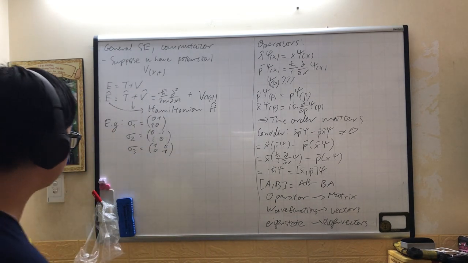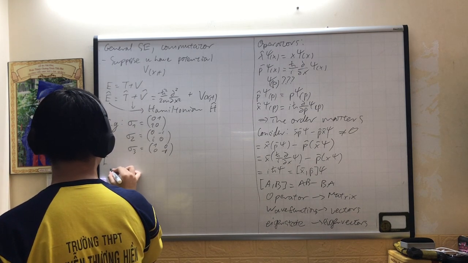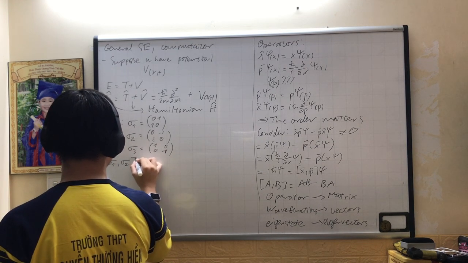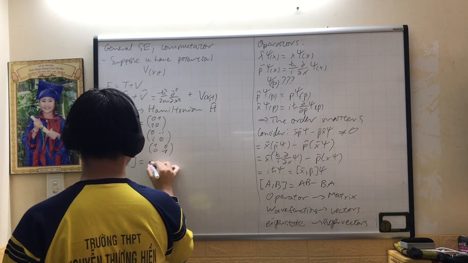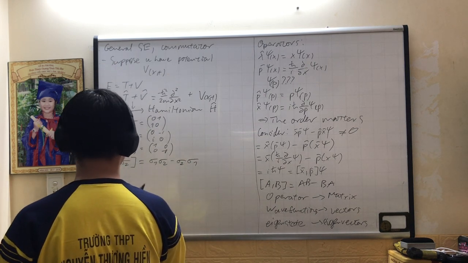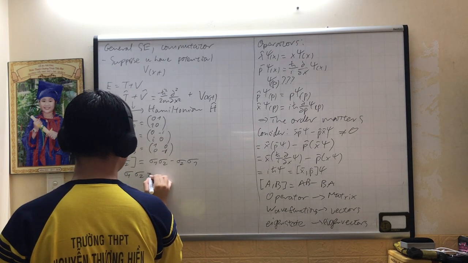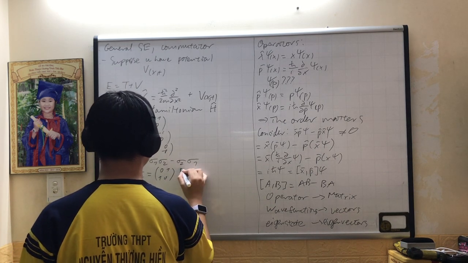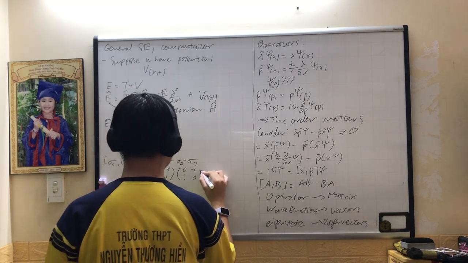So you have these. And when you do the commutation of, say, sigma 1 and sigma 2, what do you get? Well, let's just expand these. This is sigma 1 sigma 2 minus sigma 2 sigma 1. So let's compute these. Sigma 1 and sigma 2 would be 0, 1, 1, 0 times 0, minus i, i, 0.